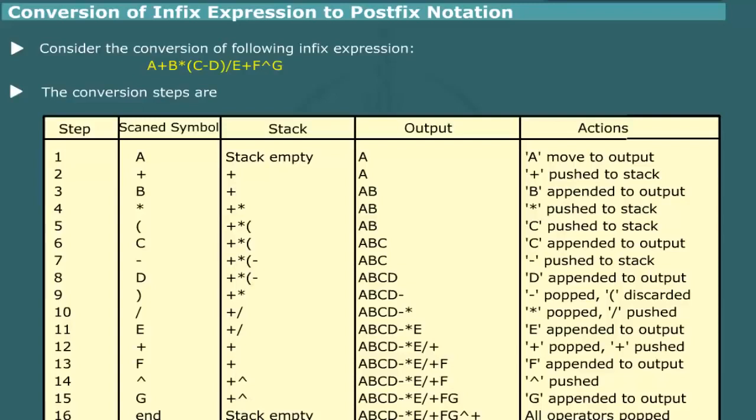Thus, slash and plus of equal priority are popped and appended to the output, and new plus is pushed to the stack. At step 14, caret is encountered, which has higher priority than plus in the stack. It is therefore pushed to the stack.